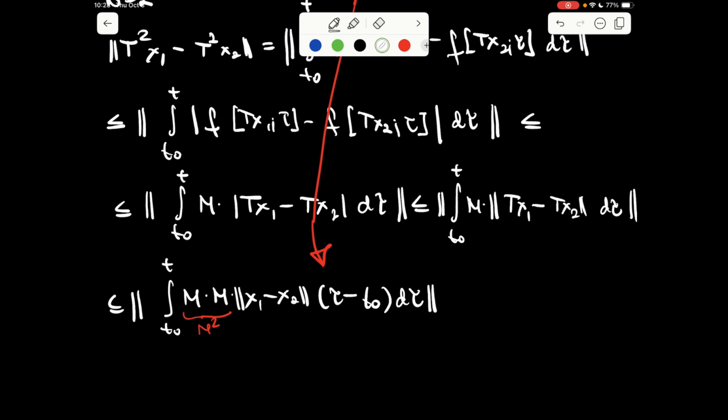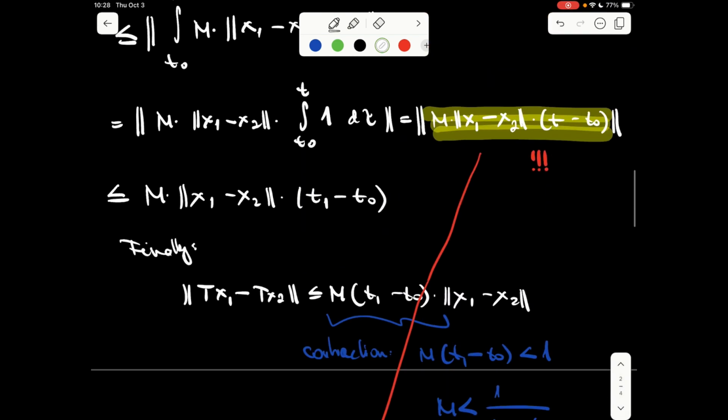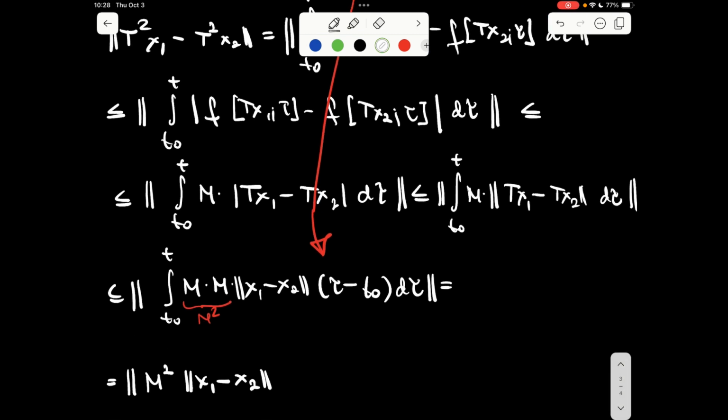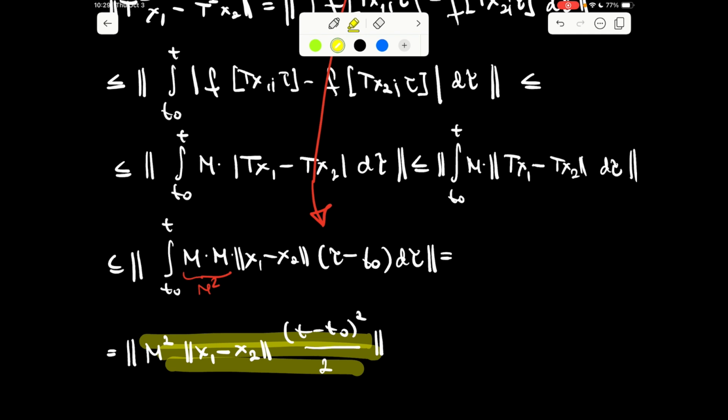Okay, and if we do the integral, okay, so we use this expression, yeah. If we complete the integral, we receive, let me highlight this expression because we are going to use it in the next step.